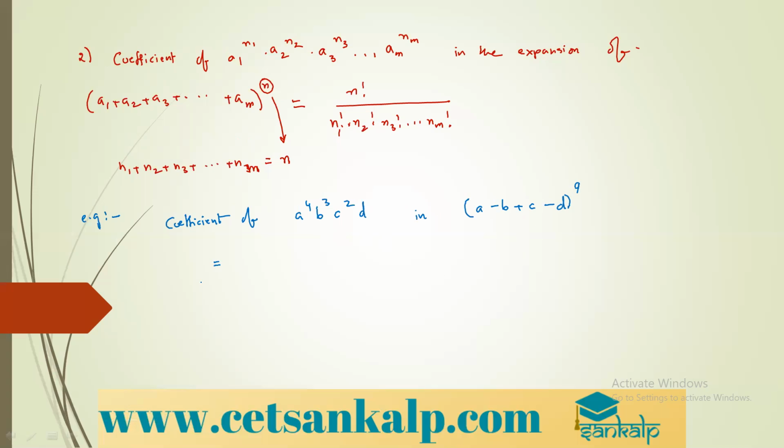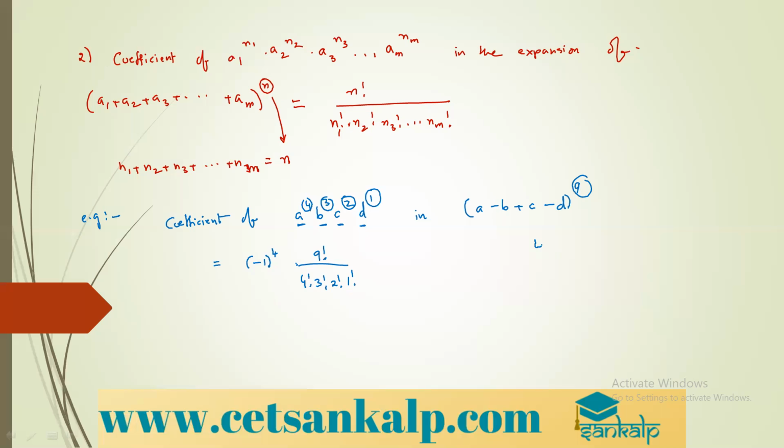So when you find the coefficient, first of all, you are having multiplication of 4 variables. So you will take minus 1 power 4 in this. And then afterwards, from the power 9, you will have 9 factorial. And then in the denominator, a power is 4, so 4 factorial. B power is 3, so 3 factorial. C power is 2, so 2 factorial. D power is 1, 1 factorial.